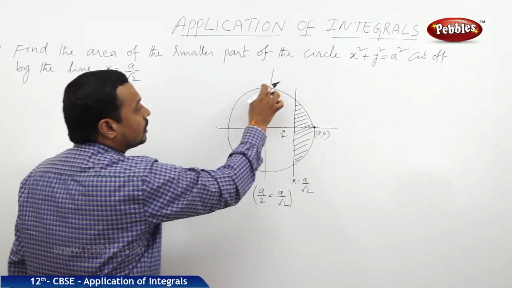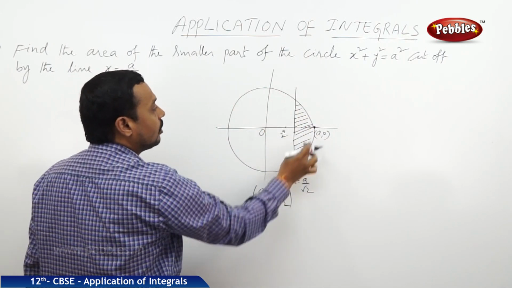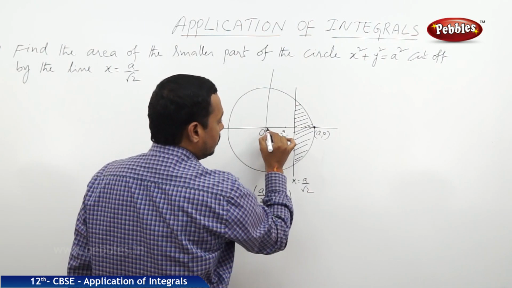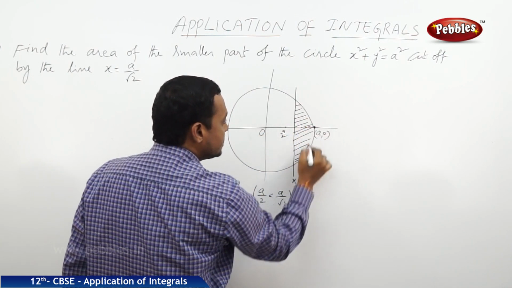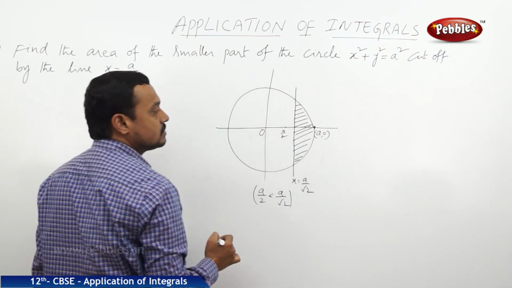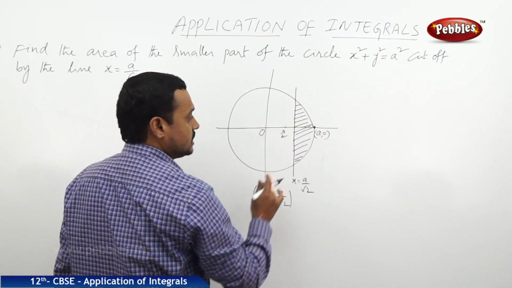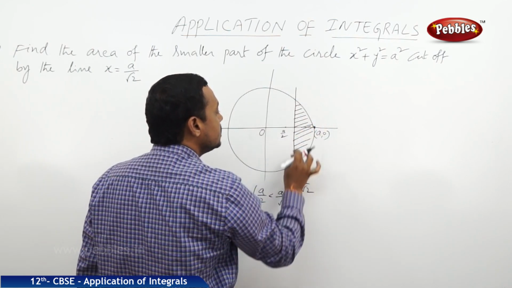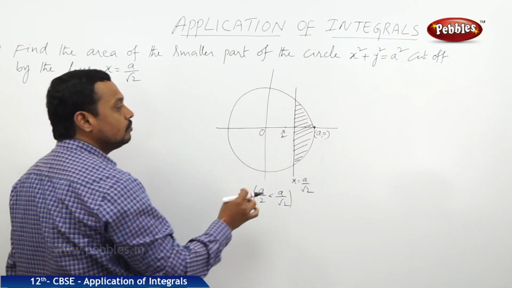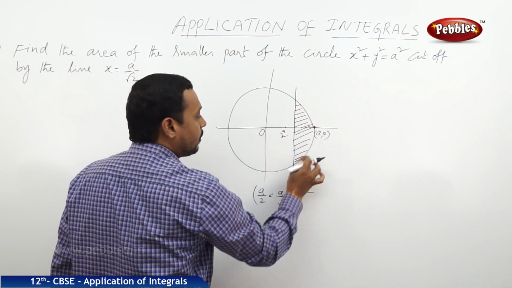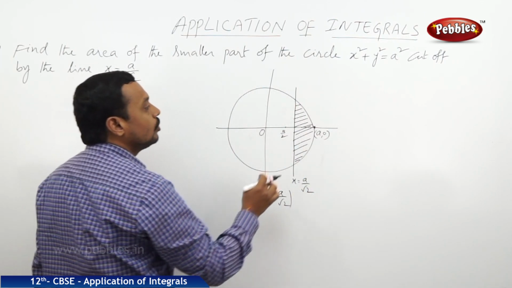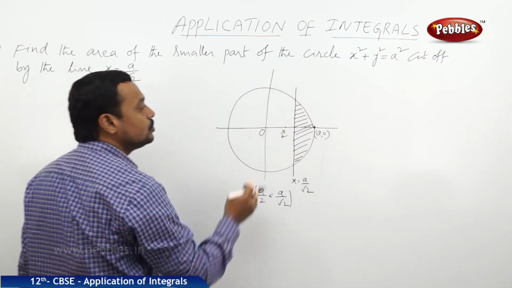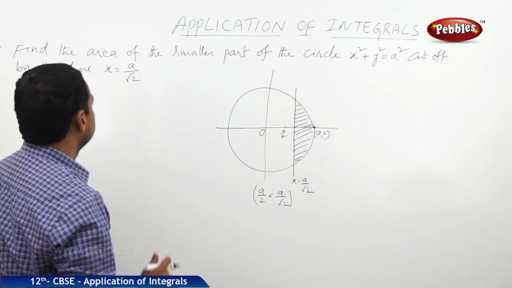Now for that, we know that the circle is always symmetric about the x and y axis, so that this x axis divides this area into two equal parts since it is symmetric about the x axis. Hence, this total shaded part area is equal to 2 times of the area of the region which is obtained in first quadrant.